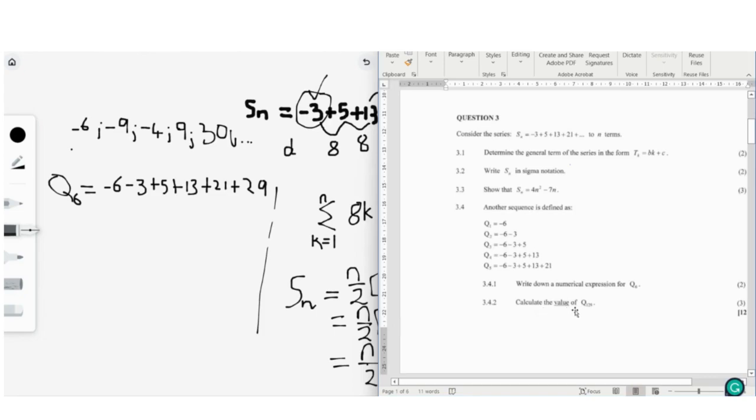So now we need to calculate the value of Q129.